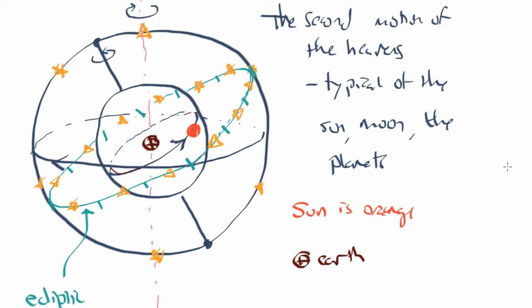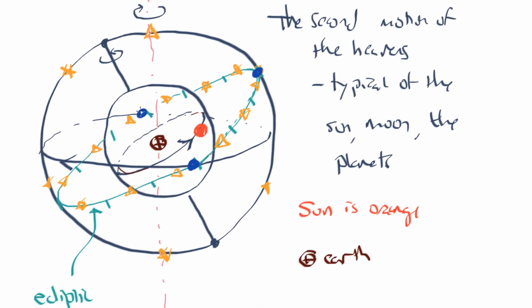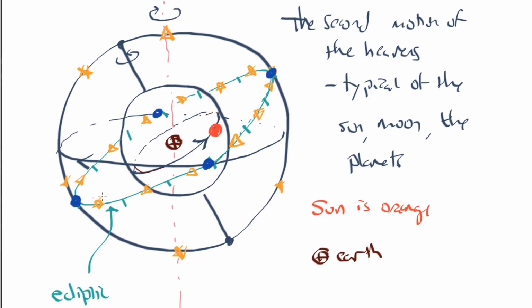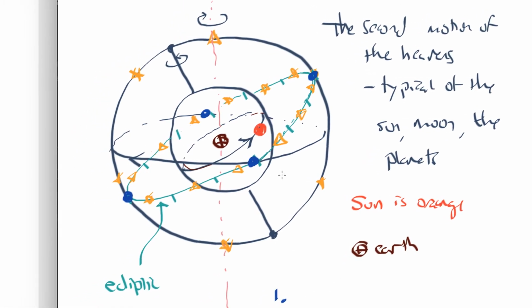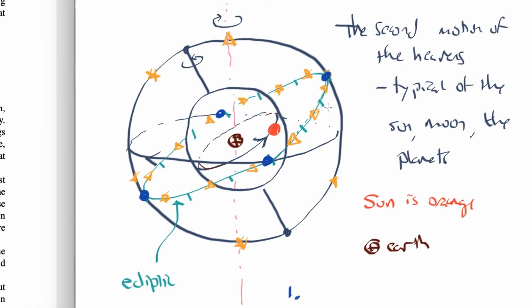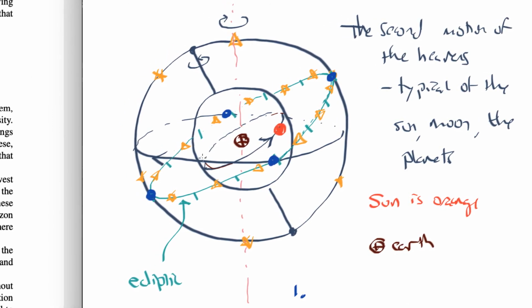He also points out that there are a few important points, and so let me highlight some of these points. I'm going to do these in dark blue, let's say. He mentions a few points. I'll put them right here. Here's the first point, the second point, the third point, and the fourth point. So these first two points, call them point 1, that is where this ecliptic line intersects the celestial equator.